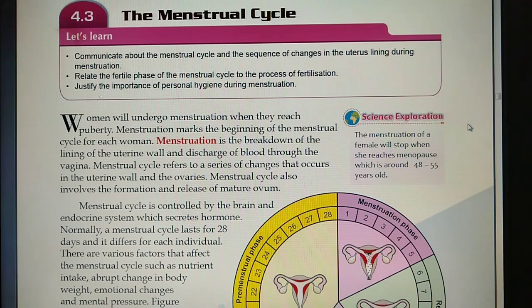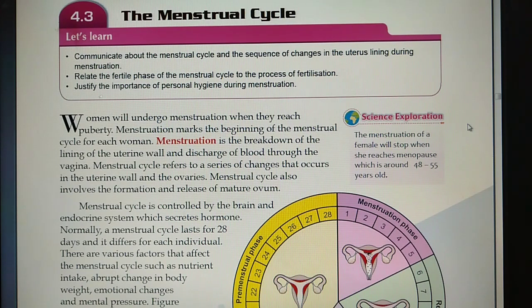This series of changes that occur in a girl when they reach puberty, we call the menstrual cycle. And this menstrual cycle is controlled by the brain and endocrine system, which secretes hormones. So these hormones will regulate the process of the menstrual cycle.